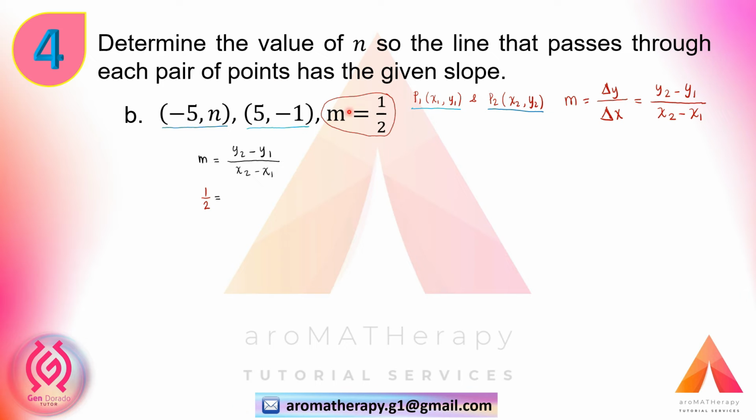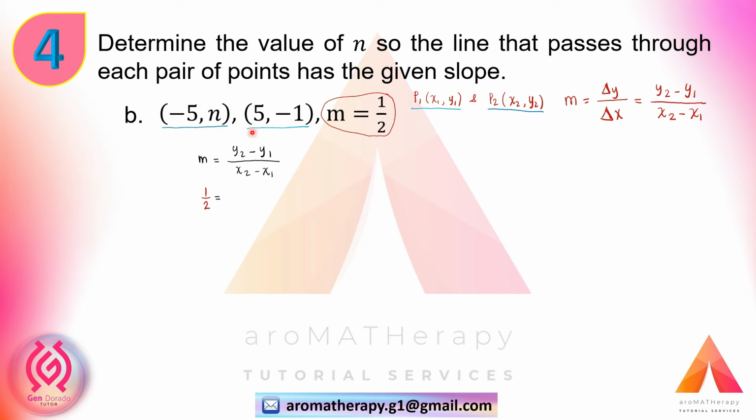Here it does not matter which ordered pair is our p sub 1. On letter A, we let p sub 1 be the first ordered pair. So in letter B, let's try to let p sub 1 be our second ordered pair. The value is still the same.